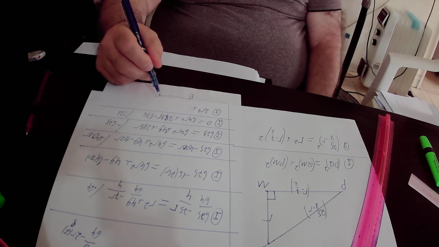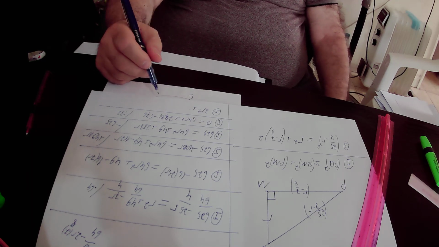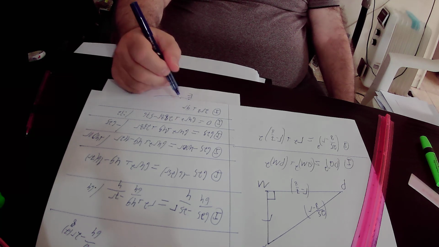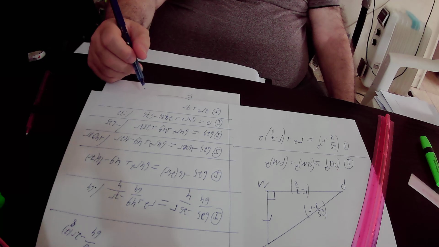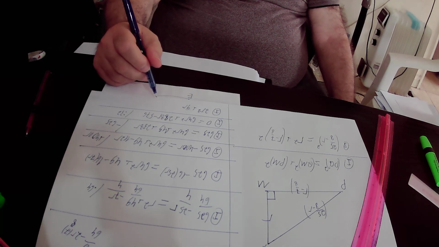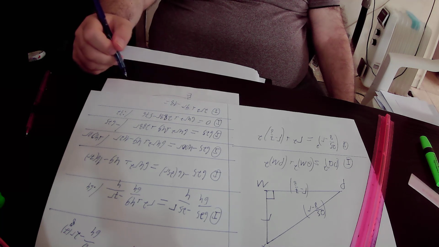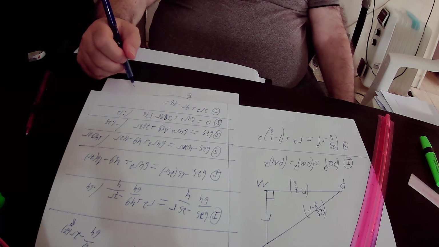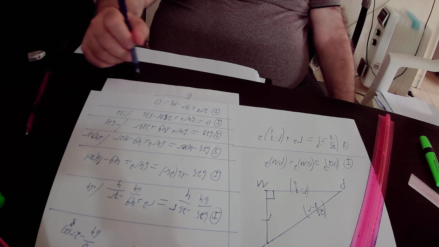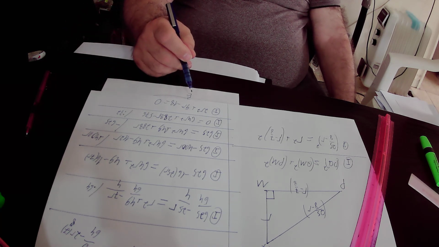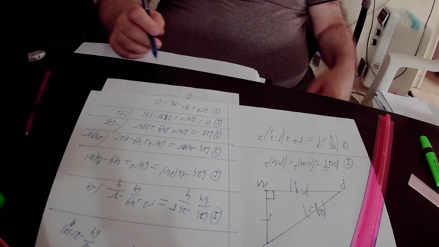And we have 288r over 32 is 9r. Minus 576 over 32 is minus 18. That is equal to 0 over 32, which is 0. So in conclusion, we got the quadratic equation 2r squared plus 9r minus 18 equals 0.